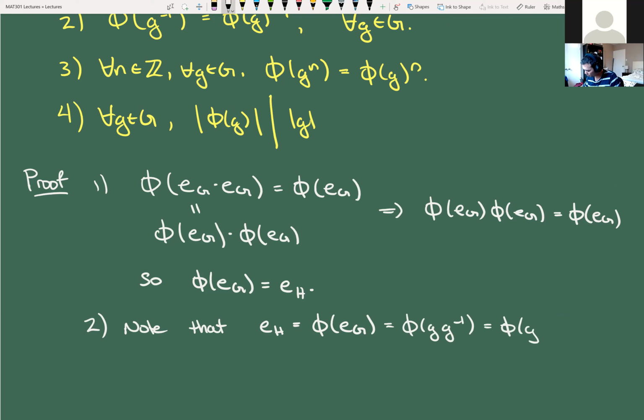Use the group homomorphism property. And so if I multiply both sides of this equation on the left by phi of g inverse, then I get what I want.